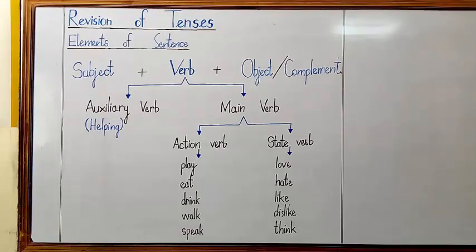Let's look at these examples. Love. There is no movement. I love my parents. I love my students. I'm doing no movement when I'm saying this, and when I'm even loving my students and parents. I hate. In this sentence, there is no movement. I like English. There is no movement.